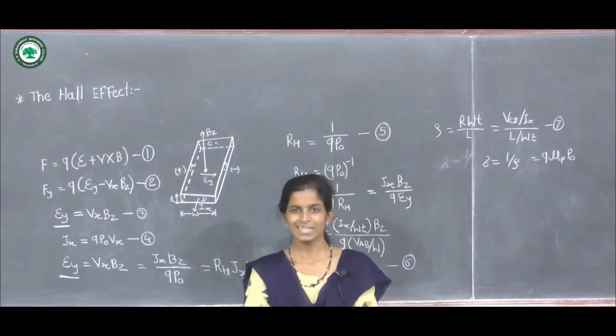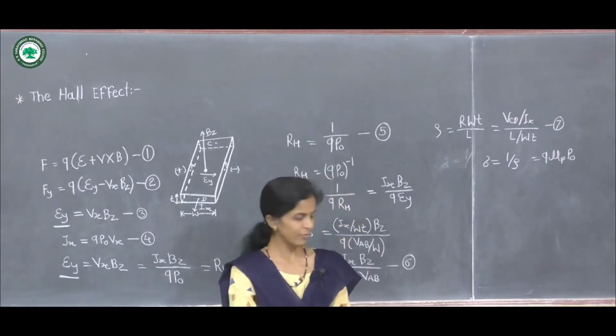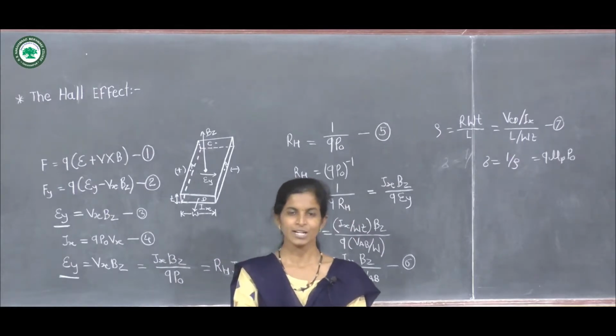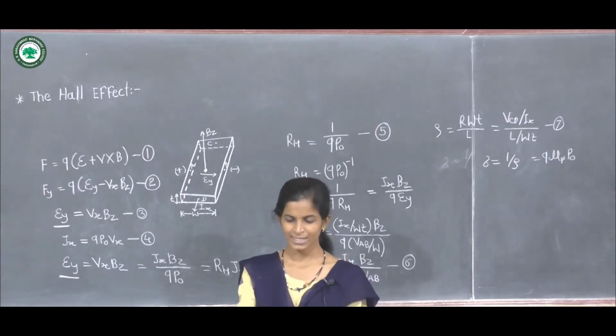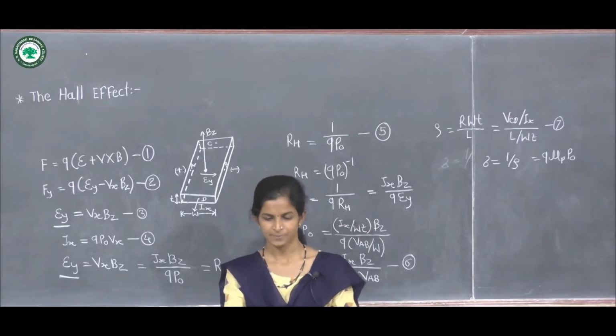So the mobility is simply the ratio of Hall coefficient and the resistivity over the range of temperature, which yields the plot of majority carrier concentration and mobility versus temperature.